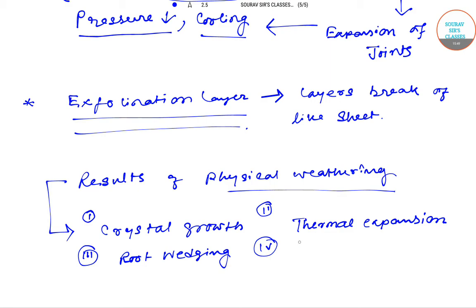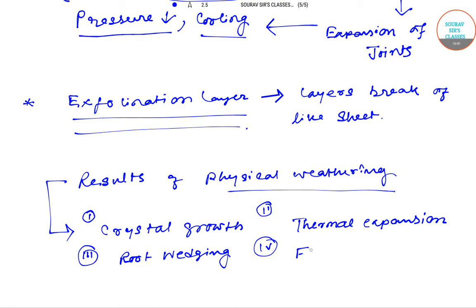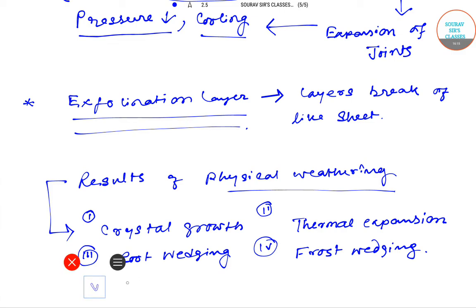First let me tell you what the types are, like frost wedging. Let me use the eraser. Okay, so frost wedging, and another one can be animal activity, and this animal activity is not that important but important.